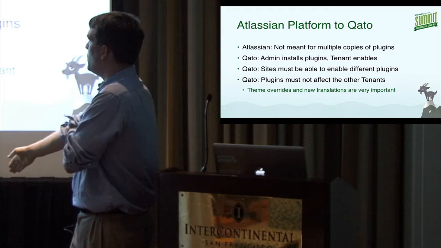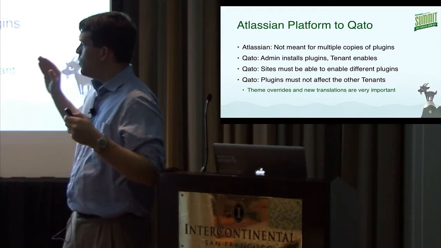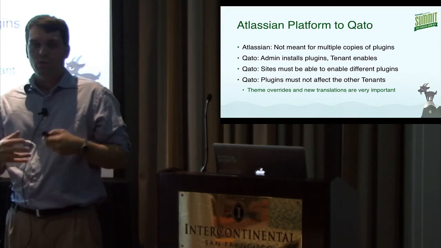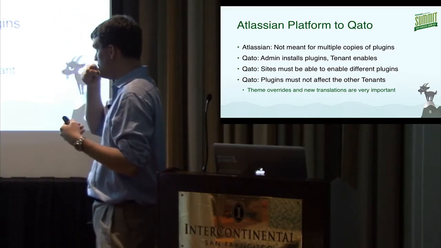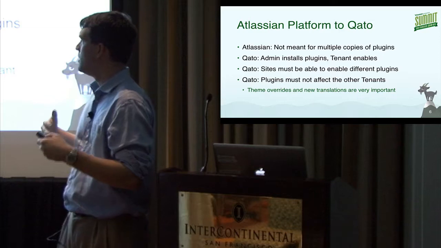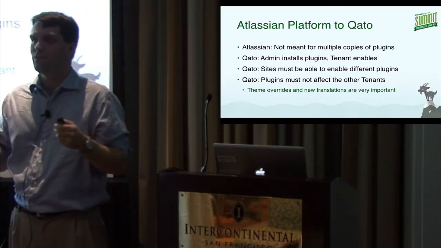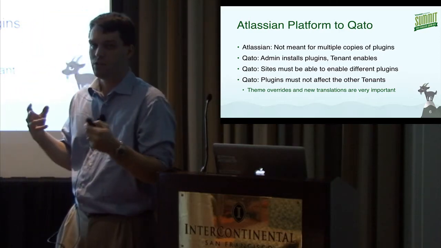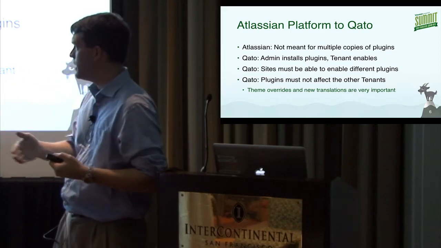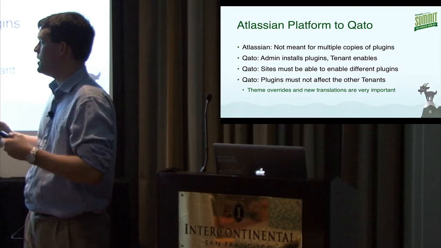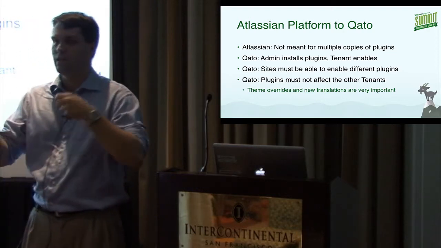So really we had to work it so that it could be scoped for the site that you're on and for the tenant that you're on, and keep things from conflicting in ways that would do nasty things to your application, right? So sites needed to be able to enable different plugins. Tenants needed to be able to specify which ones they wanted to install.